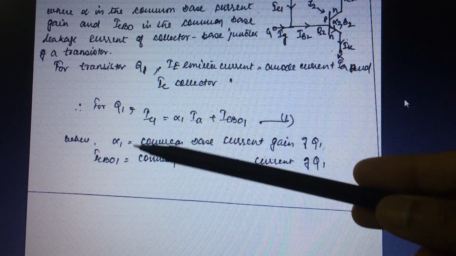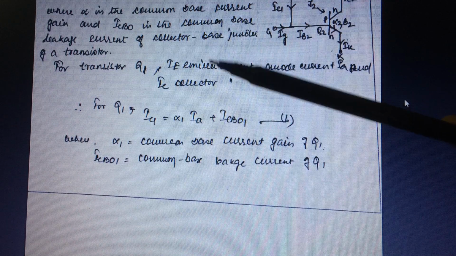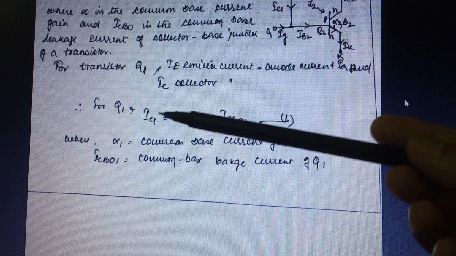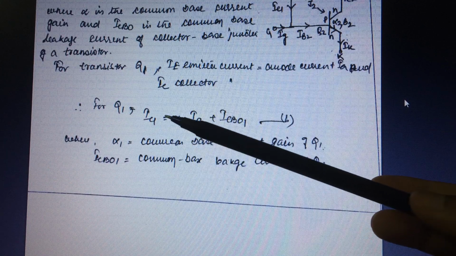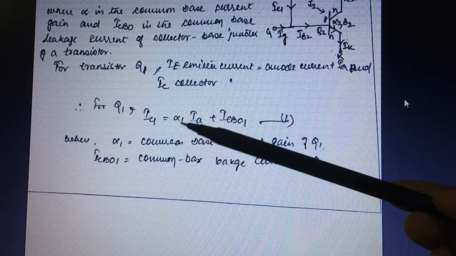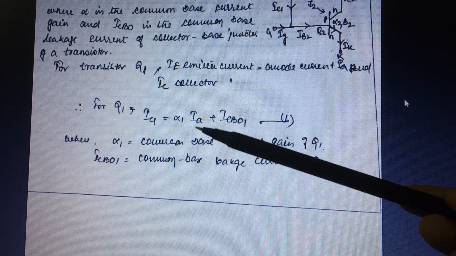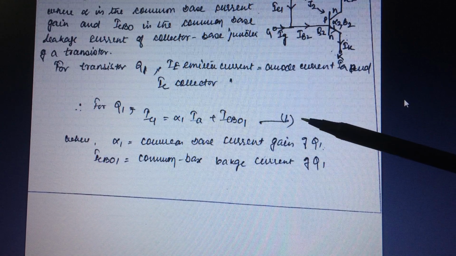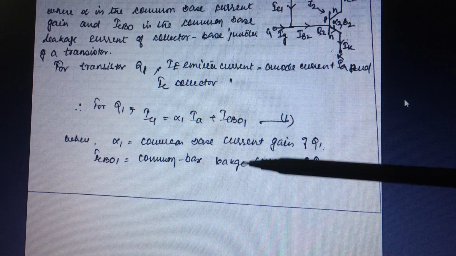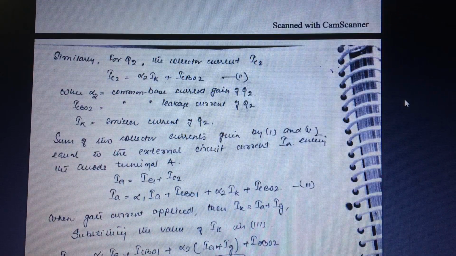For Q1 we can write the formula with respect to the collector current formula of a BJT: IC1 equals alpha 1 IA, since IE is replaced by the anode current, plus ICBO1. This is equation 1. Alpha 1 is the gain, and ICBO1 is the common base leakage current of Q1, which is a PNP transistor.